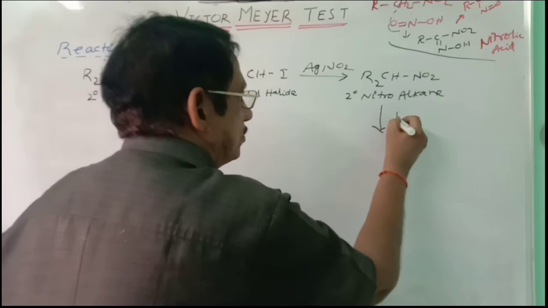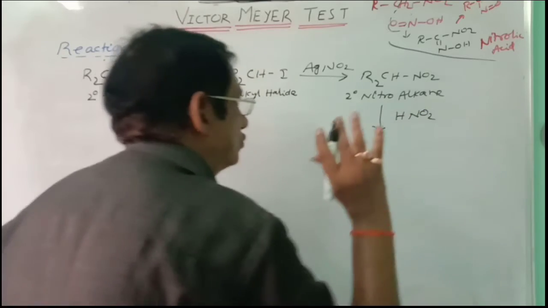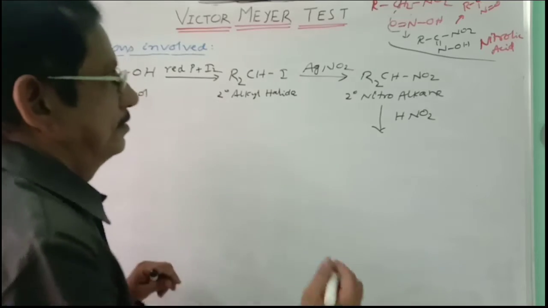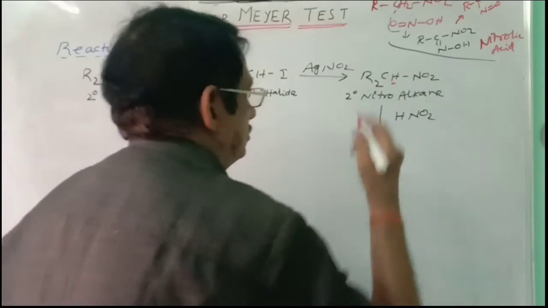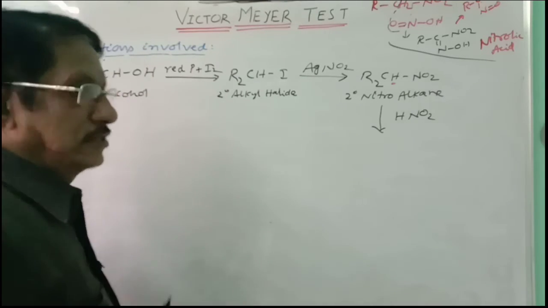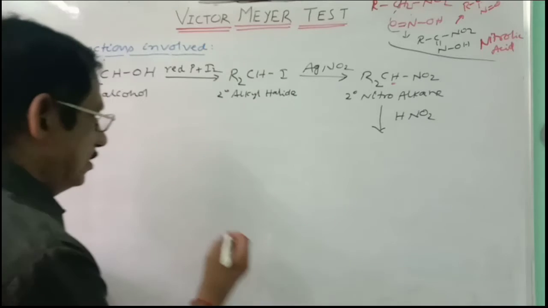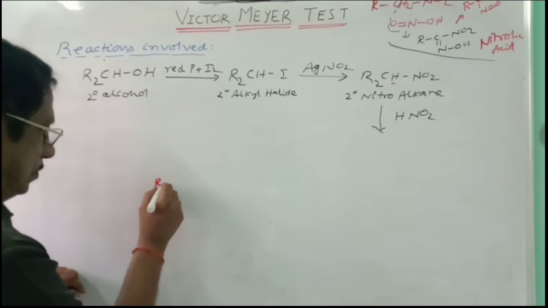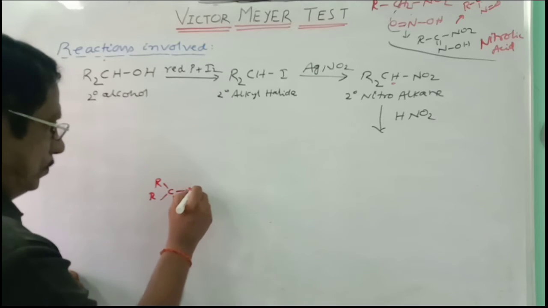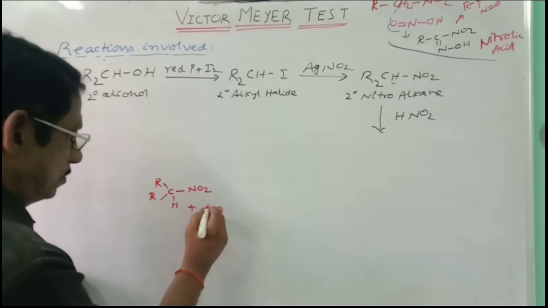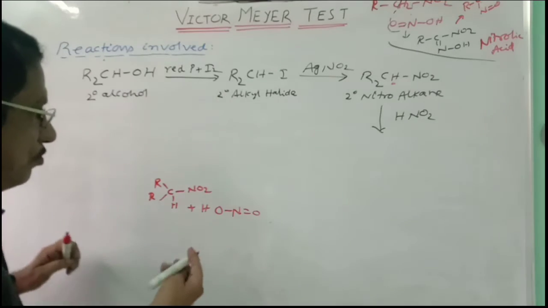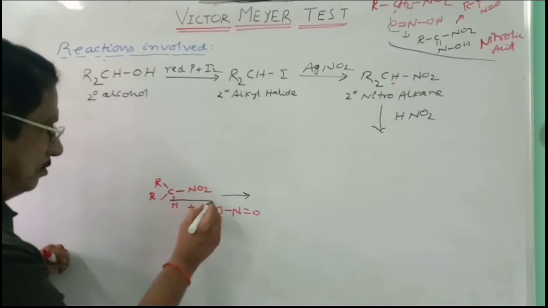This is treated with HNO2. Here you have to study: the secondary nitroalkane also has an alpha hydrogen, and so that involves the acidic nature, tautomerism also. And so you can write here in this manner, R2CHNO2 plus HO-N double bond O. When these two react, this H will be removed like this.